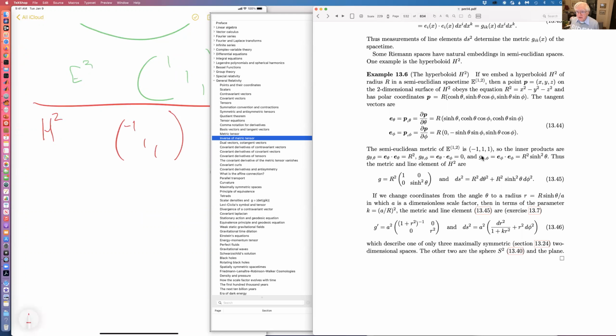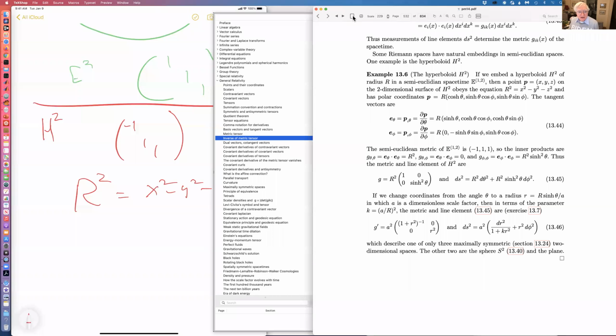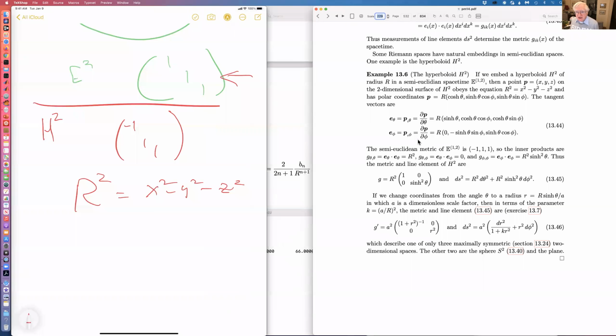And the equation for a hyperboloid is r squared equals x squared minus y squared minus z squared. The point P has this expression here, and if you differentiate, you get these tangent vectors. If you take the inner product using this funny metric, then for example E theta dot E theta is this thing.